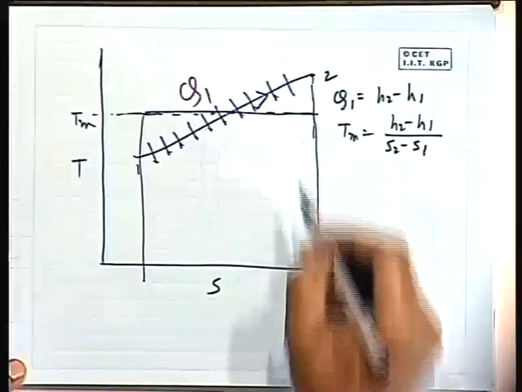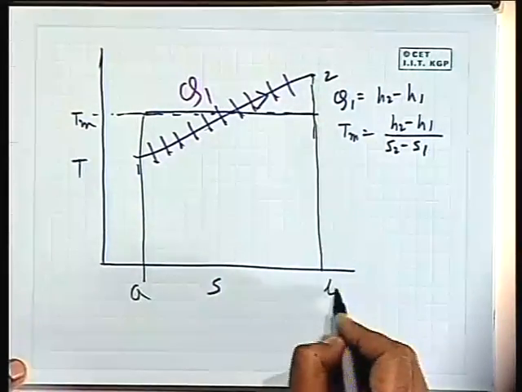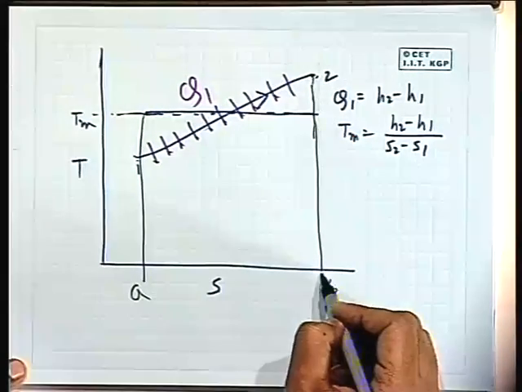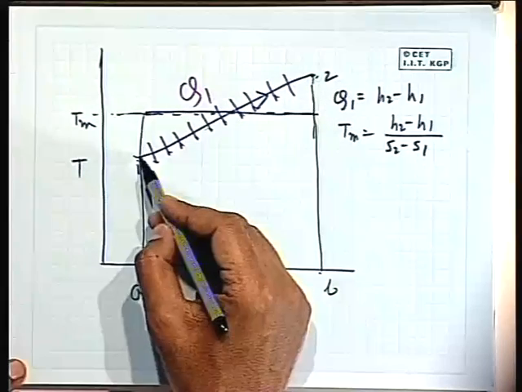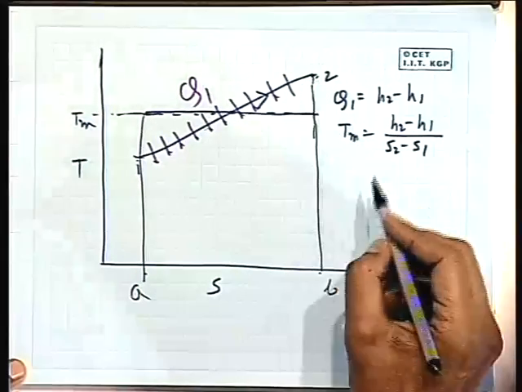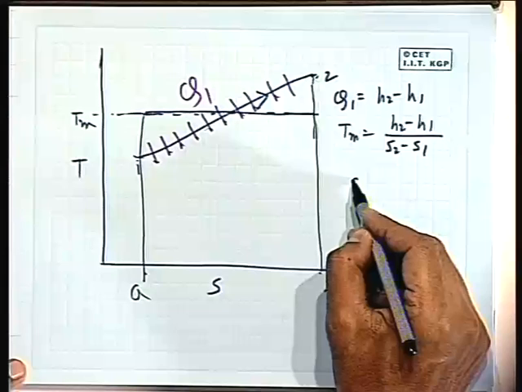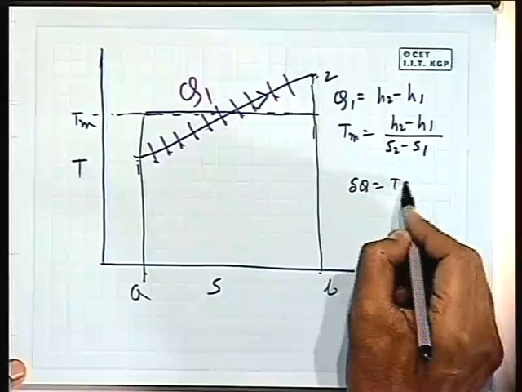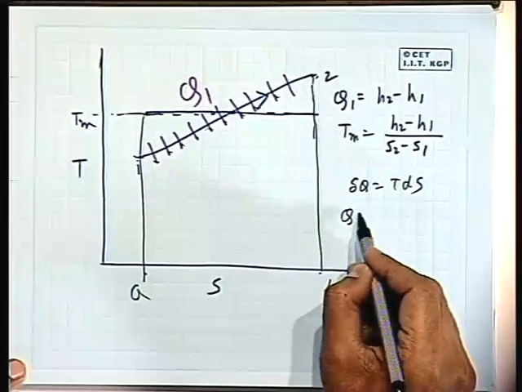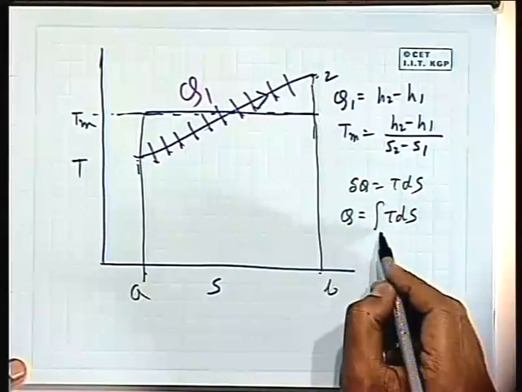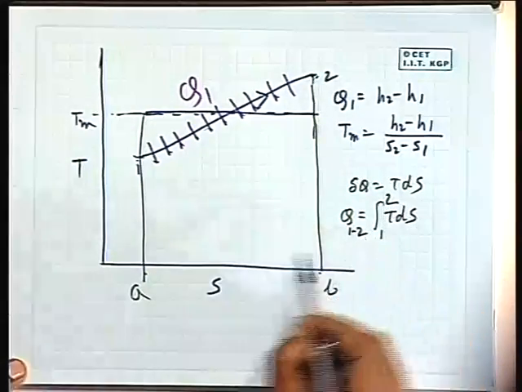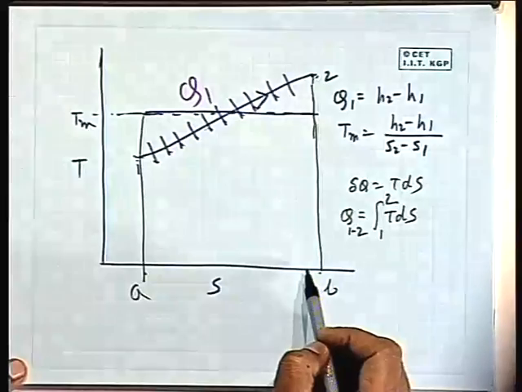Now, this area, 1 to 2 to B to A, is the area which represents the heat transfer during the process 1 2, because we know delta Q is TdS. Therefore, Q is the integral of TdS from 1 to 2, that means the area under this curve.